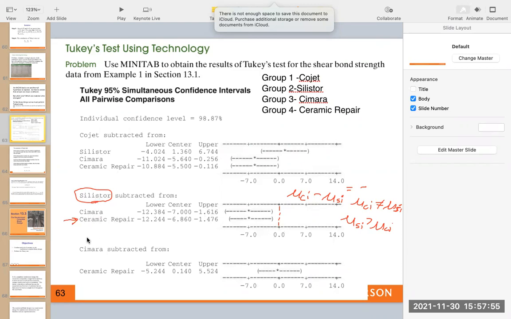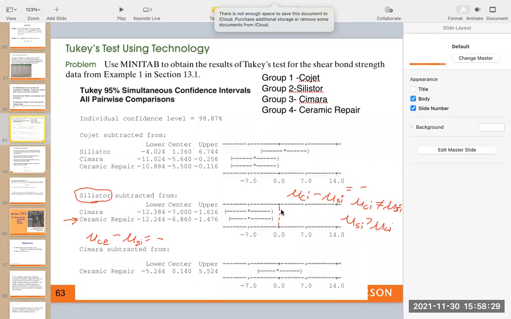They took the mean of the ceramic minus the mean of the Silister. They're doing a confidence interval to find the difference between the two population means, and what they get is that it's negative.